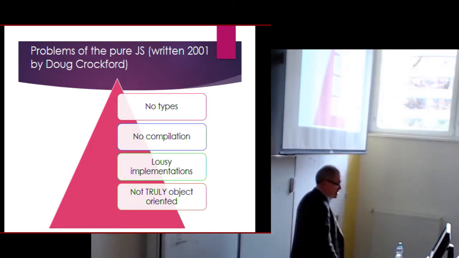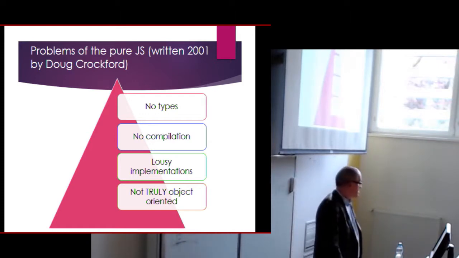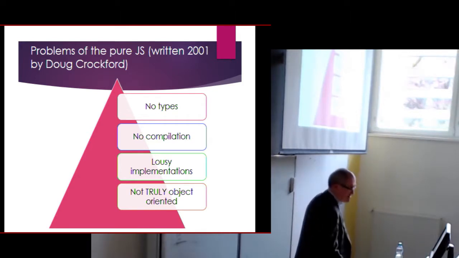And not truly object-oriented. Does anybody here know what object programming means? Okay. And do you think object programming is the right approach? Okay. So the modern approach is functional programming.